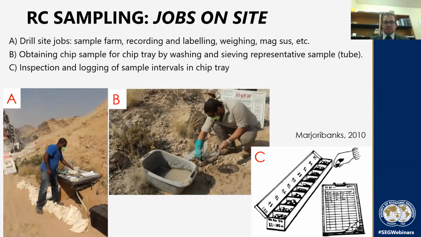And you can see that next to the green glove, he's got a plastic tray, which is illustrated in figure C. You would normally then place the drill sample or a representative part of it into these pre-labeled RC chip trays. And that represents a very good opportunity for the geologist to instantly observe the different lithologies that occur in each of these intervals.